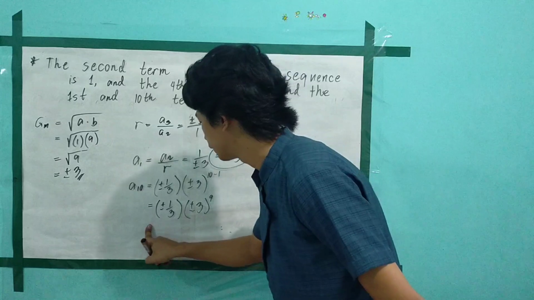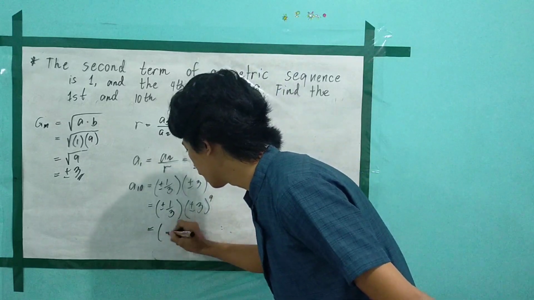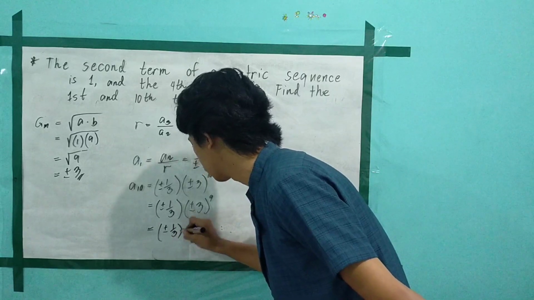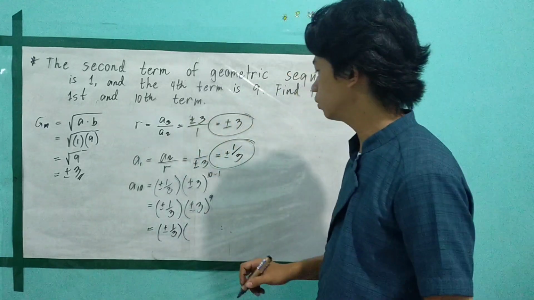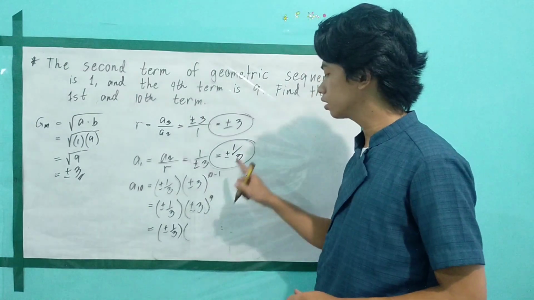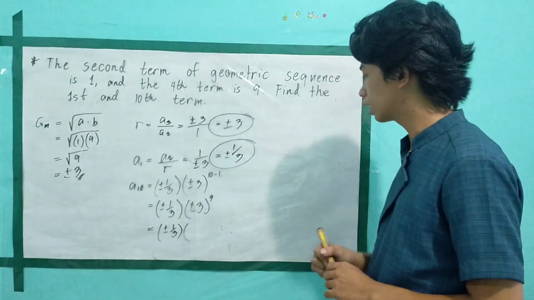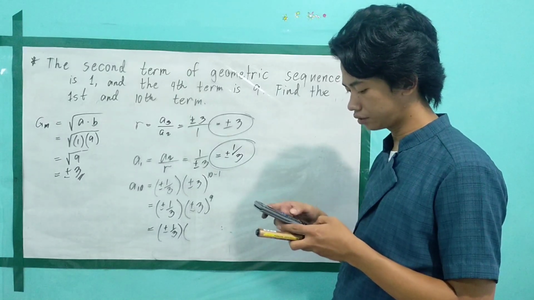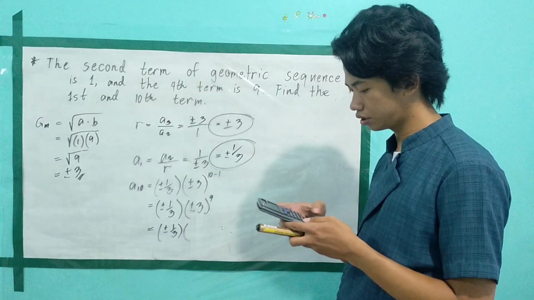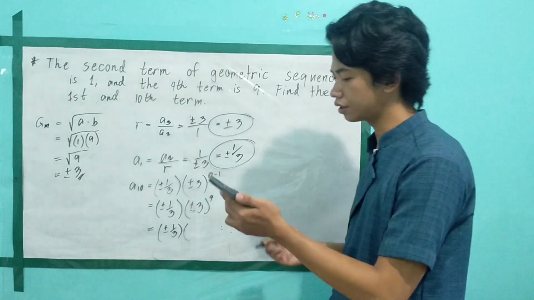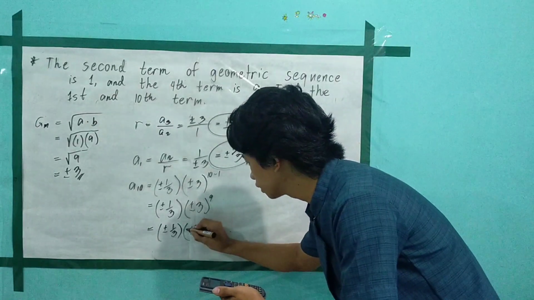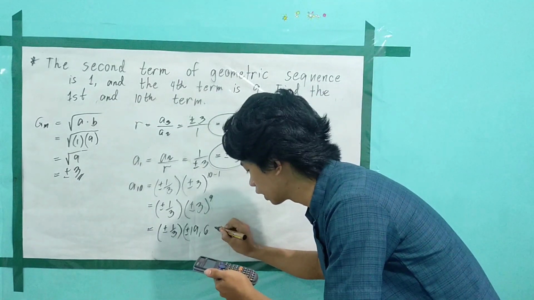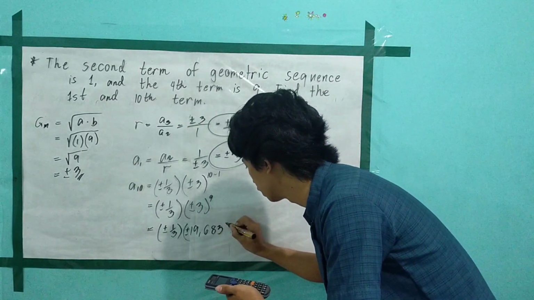Next tayo. So, positive and negative 1/3 or 1/3 multiply to, so what is positive 3 raised to 9 or negative 3 raised to 9? So, check natin sa calculator. So, we have 9 positive and negative 19,683.